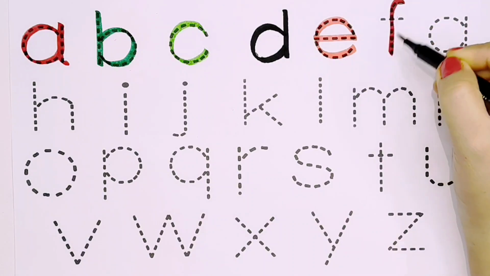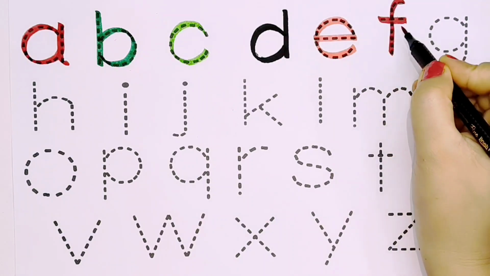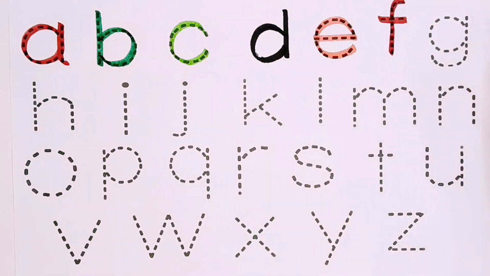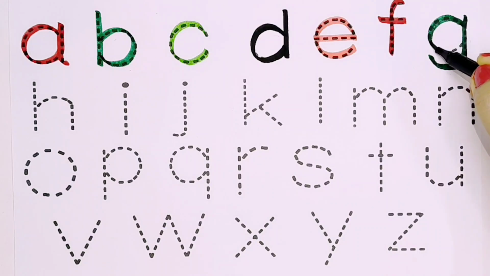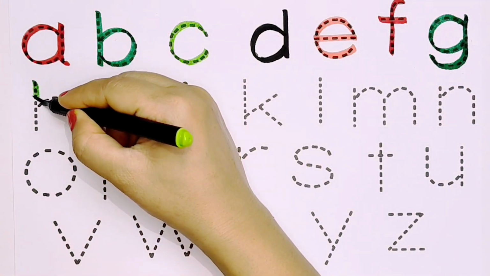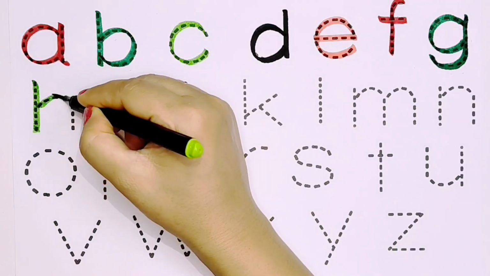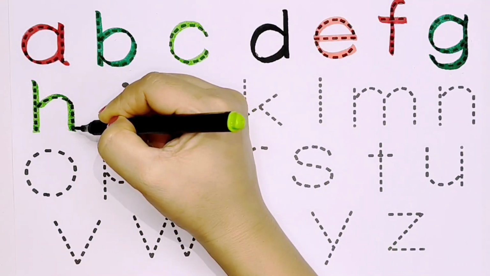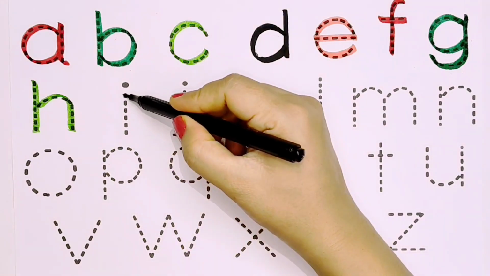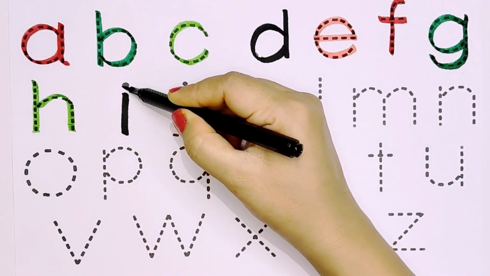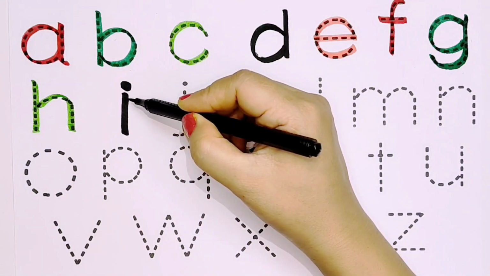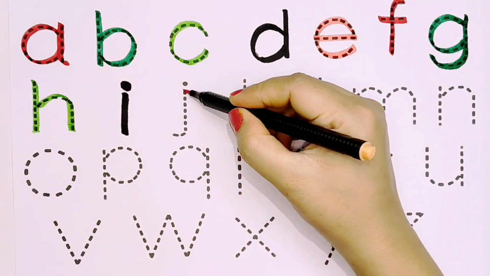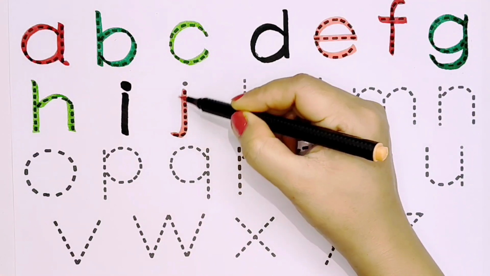F for fingers. G for grapes. H for hand. I for ice cream. J for jam.